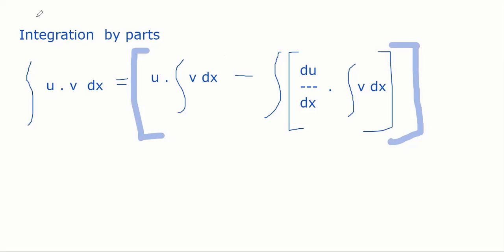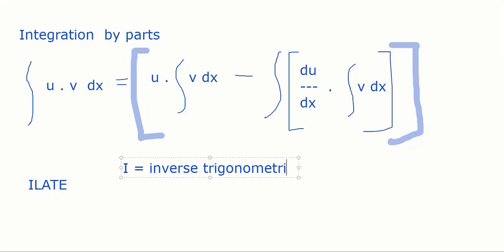And that is why there is a rule which we call ILATE, which decides which should be your first function. How to choose the first function: it can be chosen by ILATE. I is inverse trigonometric function, like tan inverse, sin inverse, cos inverse. L, you already know, is logarithmic function.